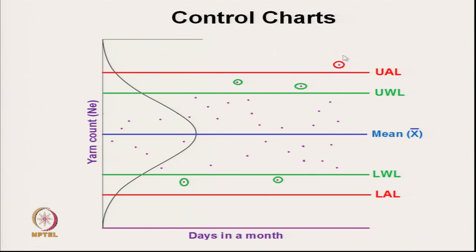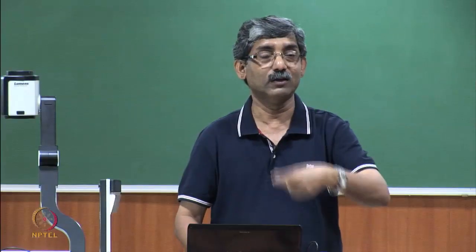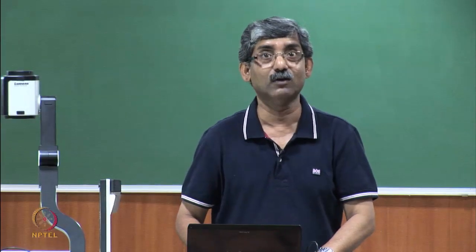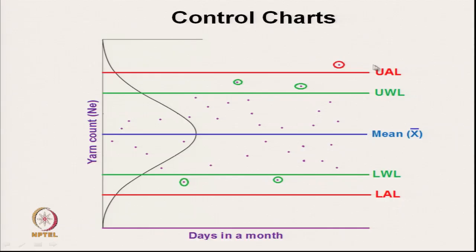You can stop the machine, you can recheck, you can even send back the draw frame and reprocess all this material, and finally we will get the correct result. Okay. So, on all this data one can take action, and this is called the upper action limit.